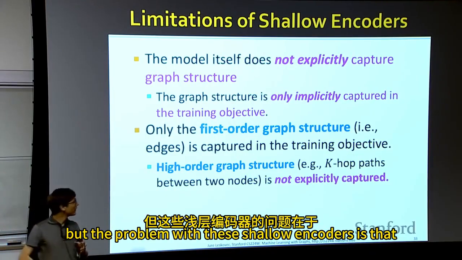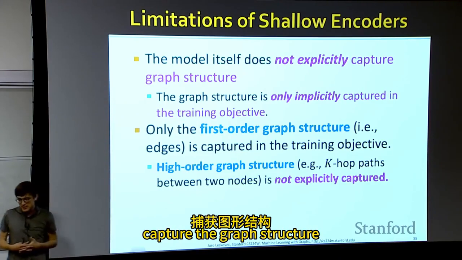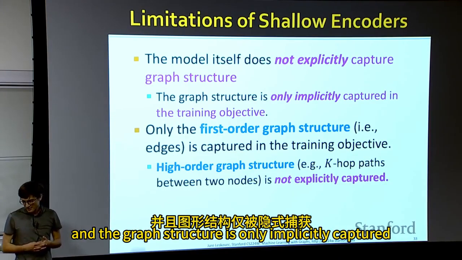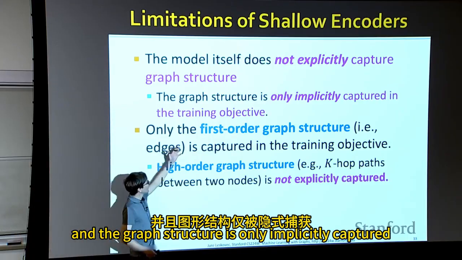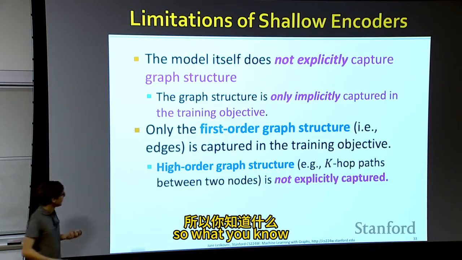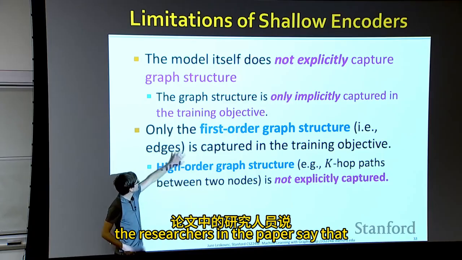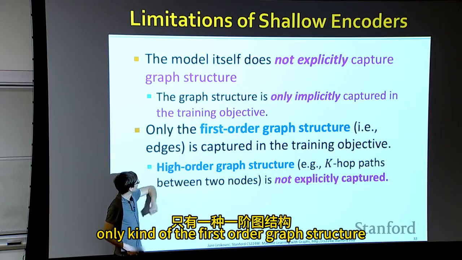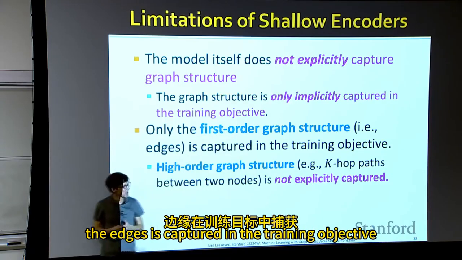But the problem with these shallow encoders is that they do not explicitly capture the graph structure. The graph structure is only implicitly captured as part of the training objective. So the researchers in the paper say that only the first-order graph structure, the edges, is captured in the training objective.